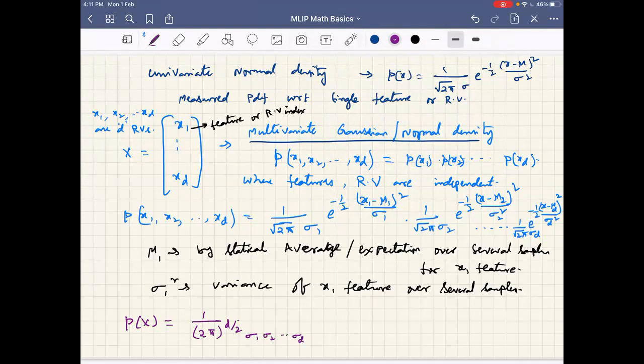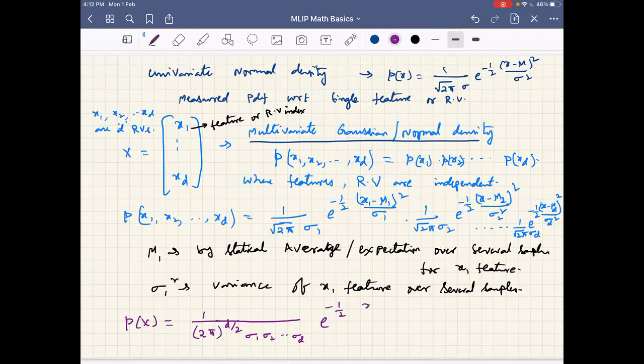Because we have here d different features measured, or d different random variables, and the standard deviation of all d will get multiplied, and e power minus half.